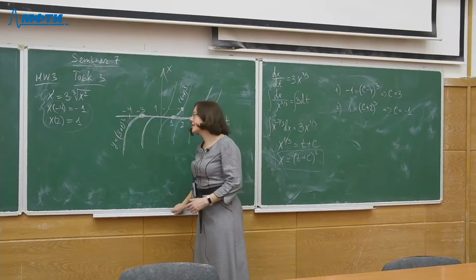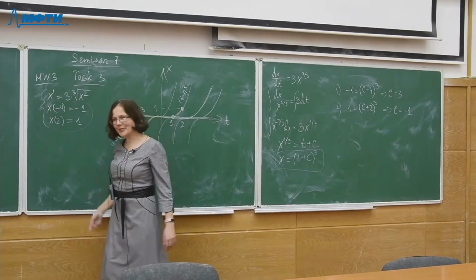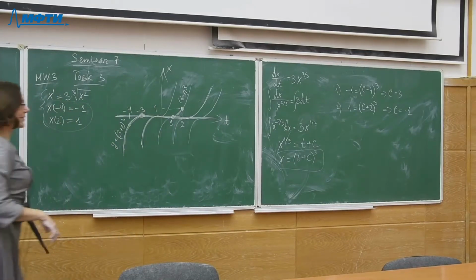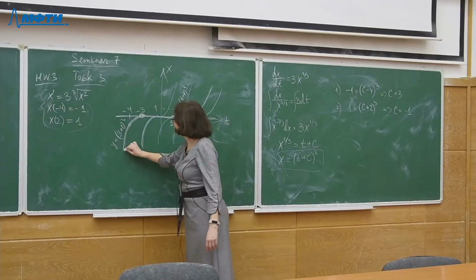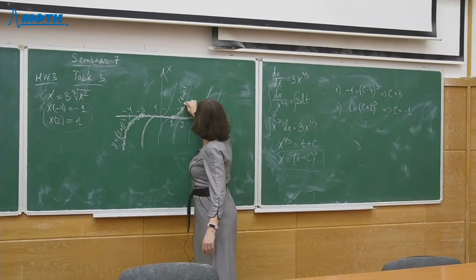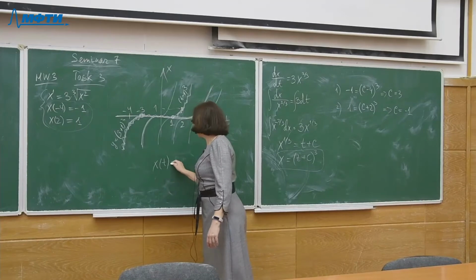So the answer to this initial value problem is this solution. There is no colored chalk. The answer can be given by the formula.